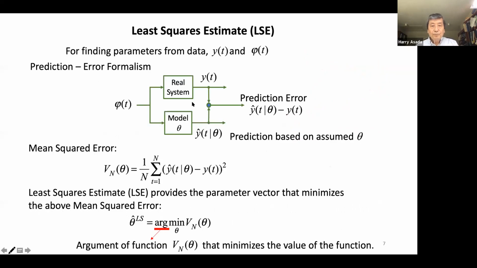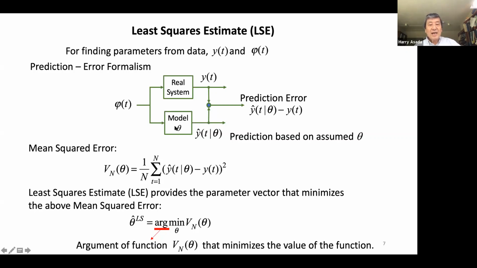Now, how can we find the best fit parameters? Then we introduce the prediction error formalism. It's shown in this kind of schematic block diagram. Here, the real system and the model exist, and the input or regressor phi(t) is fed into the real system, and you have some sensor to observe the output y(t).